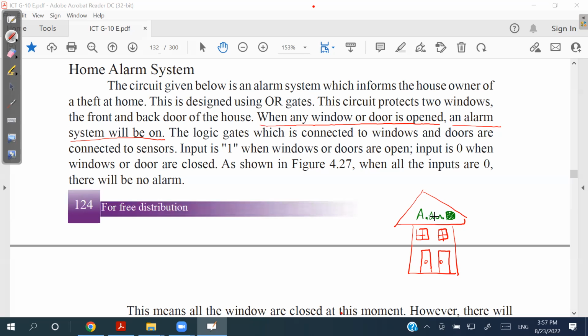Since the alarm is the one which indicates the output, it is controlled by these 4 things. What are the 4 things? The sensors connected to the 2 doors and 2 windows are the ones that send the input signal to the circuit. So the circuit will receive the input signals through these lines.